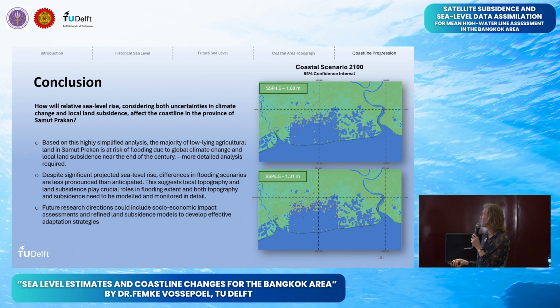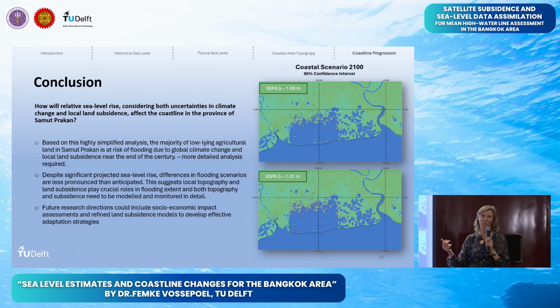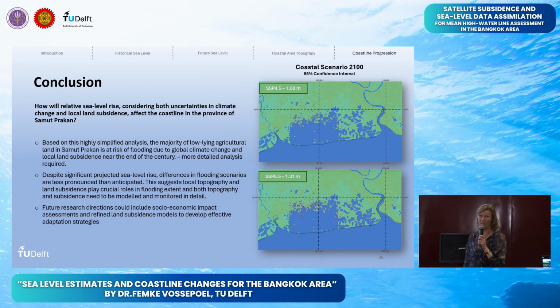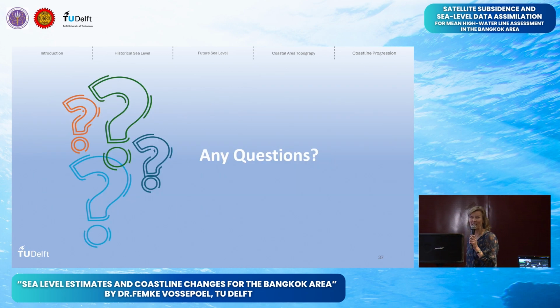And Tijmen's suggestion was also, and I think this is also music to your ears, to also look at the socio-economic impact of these results. But this is really not our domain, but I do think it's important to look at that. And with that, I would like to open the floor for any questions that you may have.